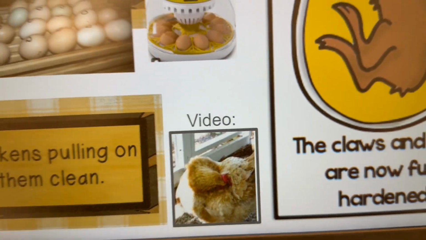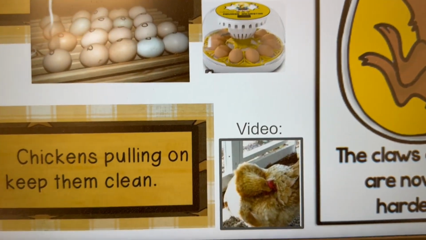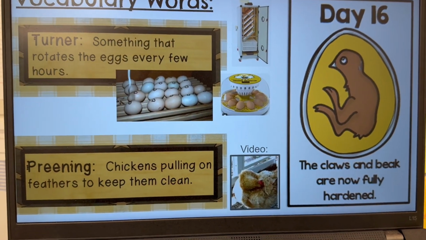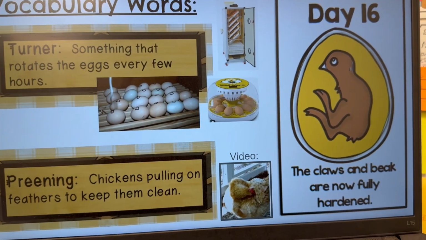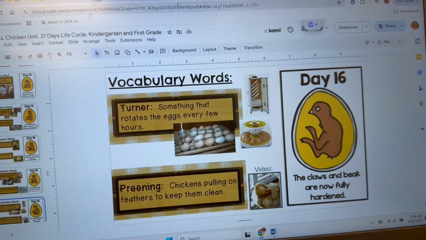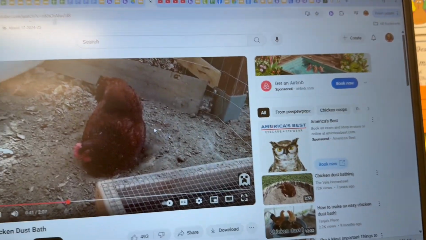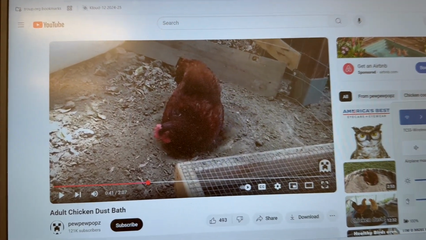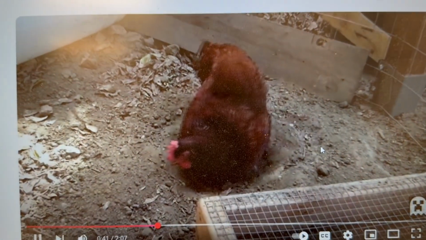So the first thing we're going to look at is a dirt bath. Chickens absolutely love to take a bath in dirt. And what that does is it keeps their feathers nice and clean. So I'm going to go out of this one for just a minute and get on a little video that shows us a chicken having a dirt bath, okay? We're just going to watch a little bit of it.